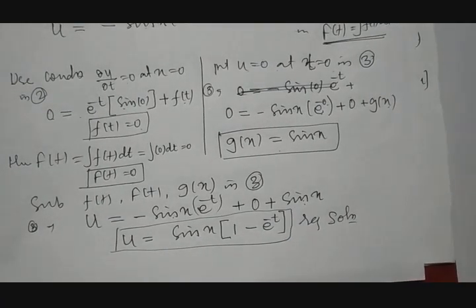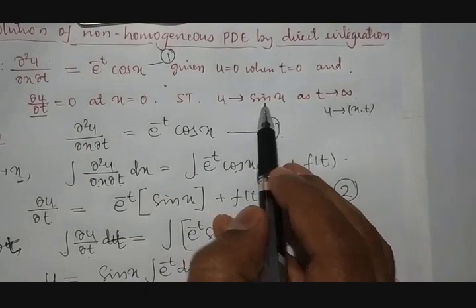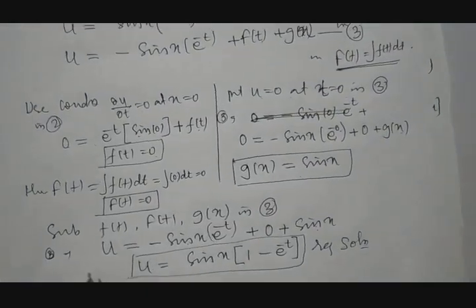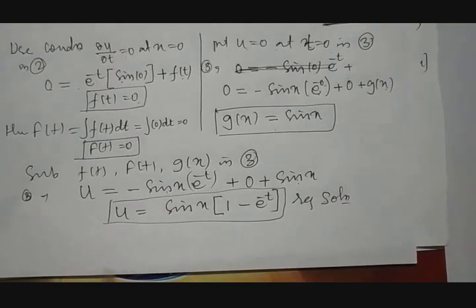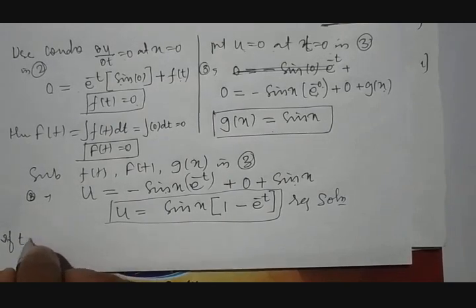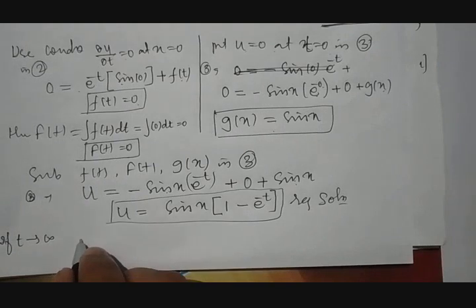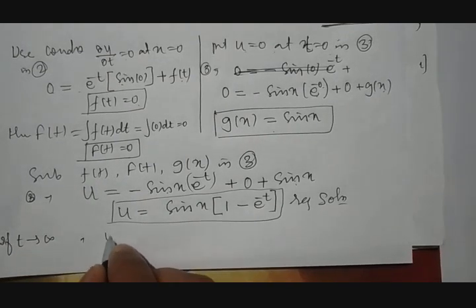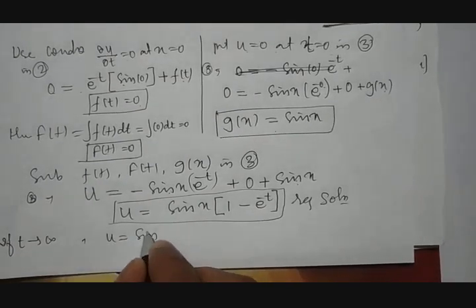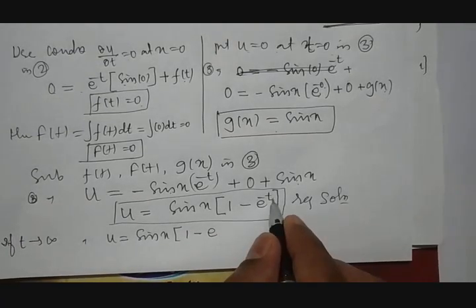One additional question is also given with this. They said u tends to sine x as t tends to infinity. Means, if we take t tends to infinity in this equation, then let us see what happens. u is equal to sine x into 1 minus e raised to minus t, with t tending to infinity.